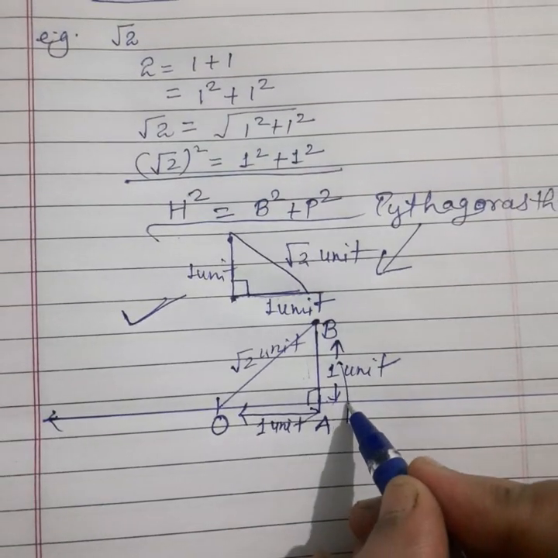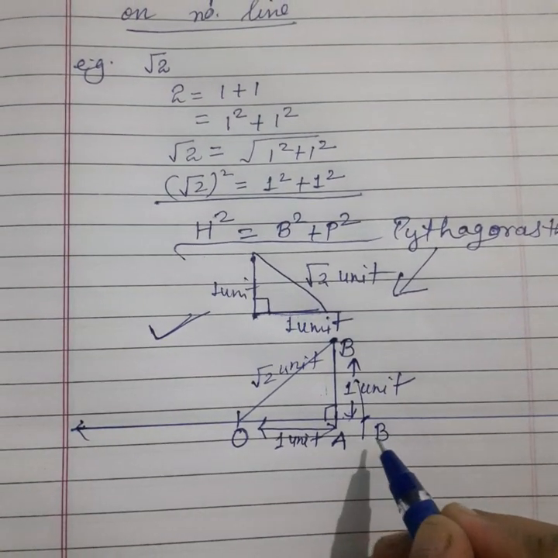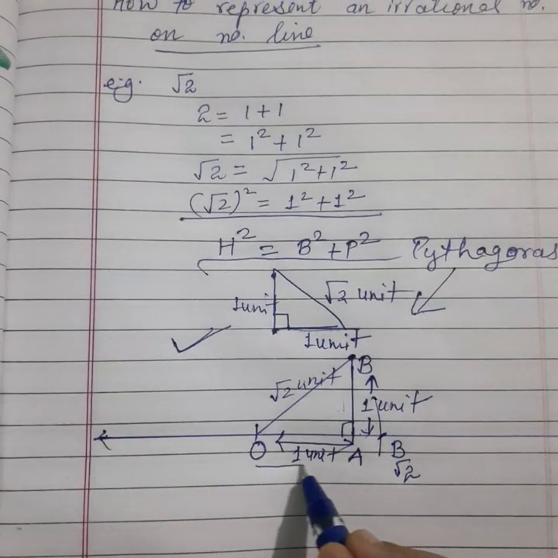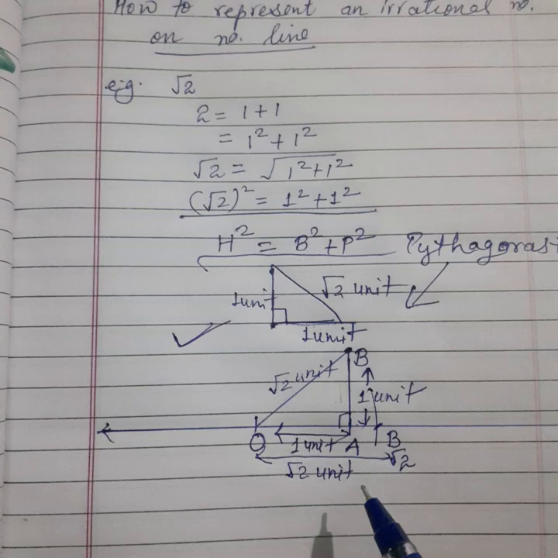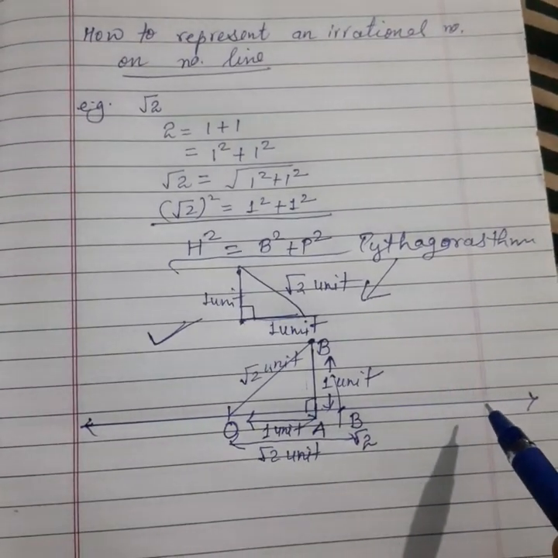And where this arc cuts the number line, put that point as B, and this point B represents under root 2, and this length is under root 2 units. Thus we have represented under root 2 on the given number line.